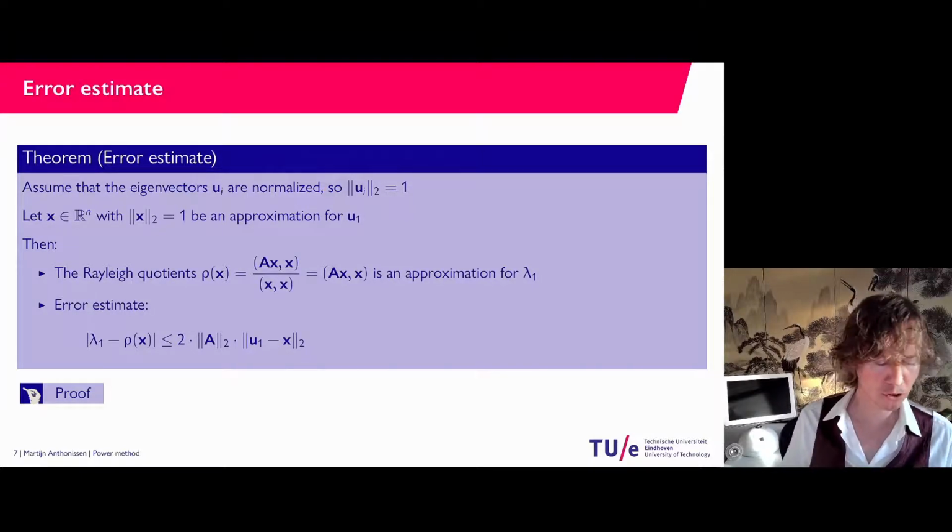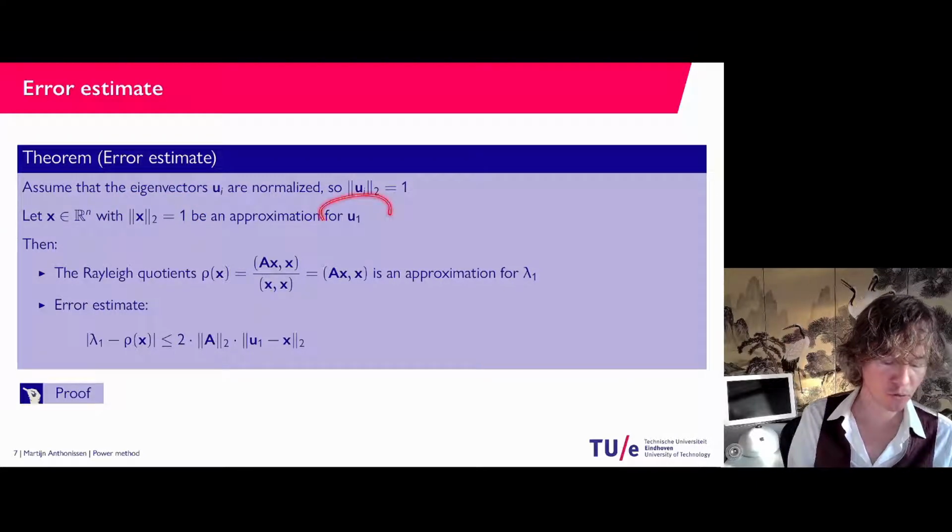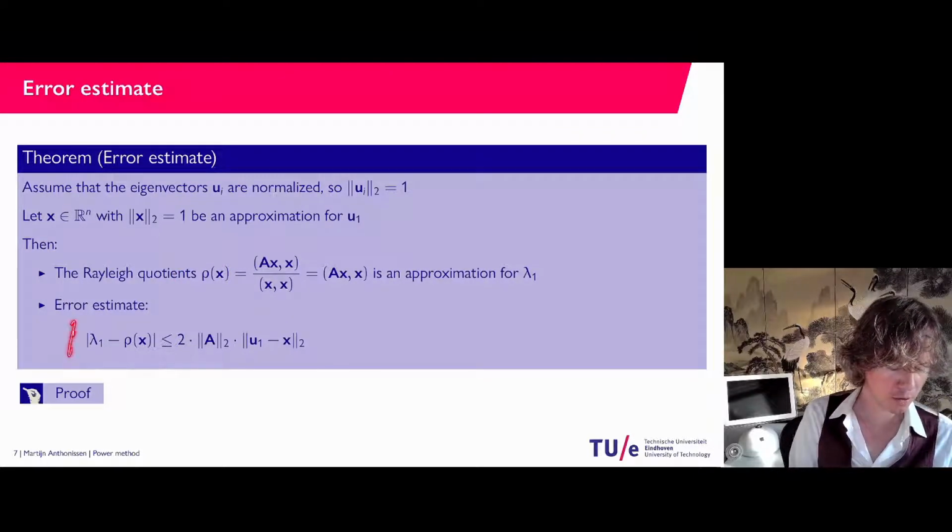And assume that we have a normalized vector x, so it has length 1 in the 2 norm, and say that that is some approximation to u1. Then what the theorem tells us is if we compute the Rayleigh quotient, that's hopefully an approximation for lambda 1. And in this inequality, it tells us how good it is.